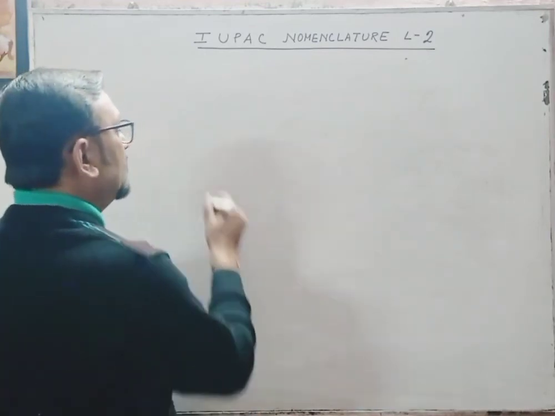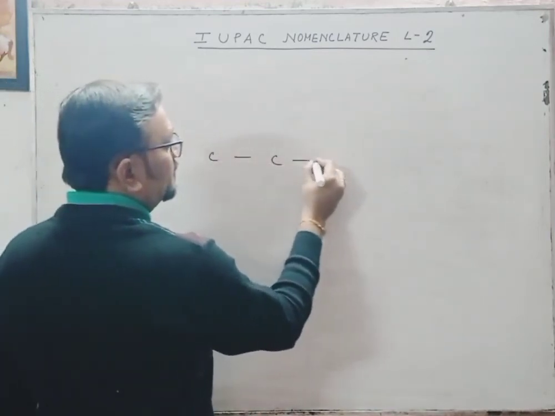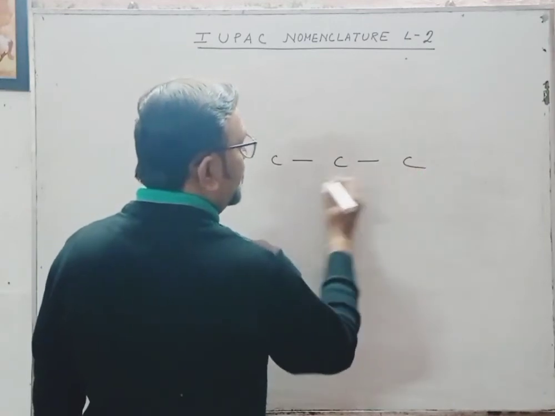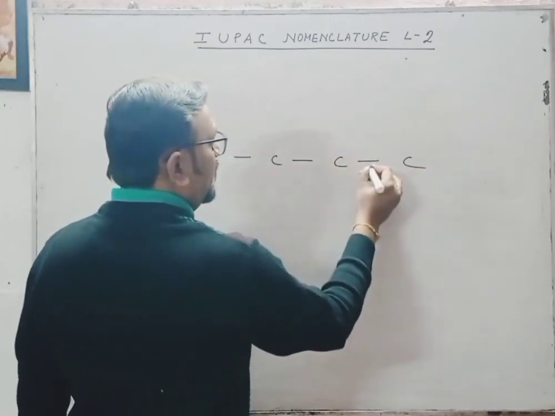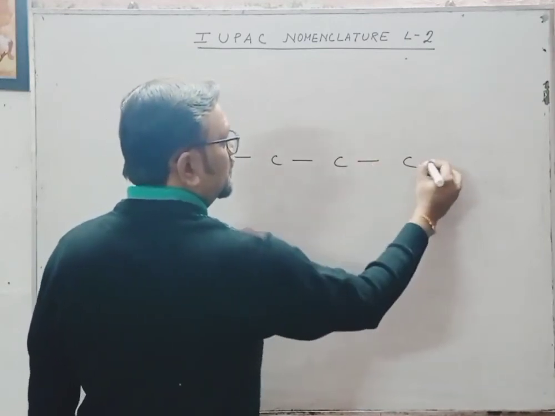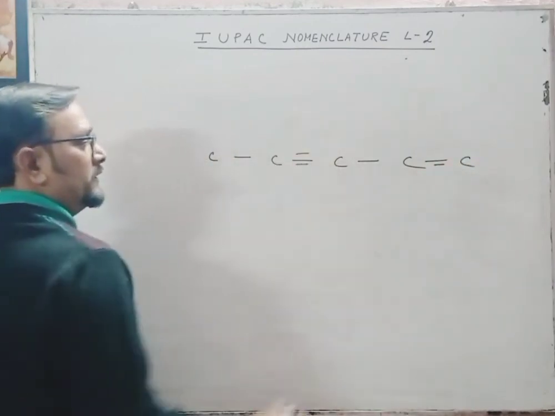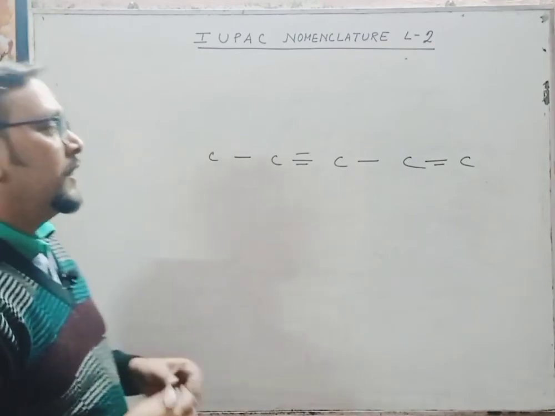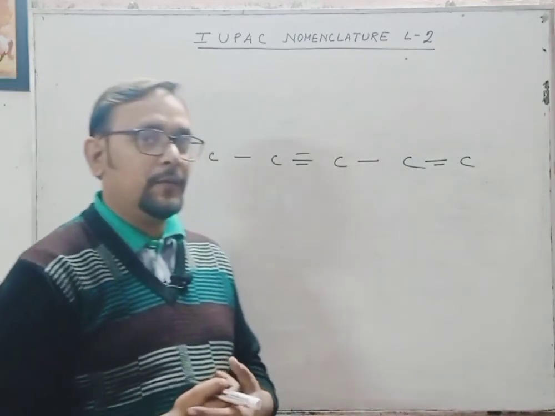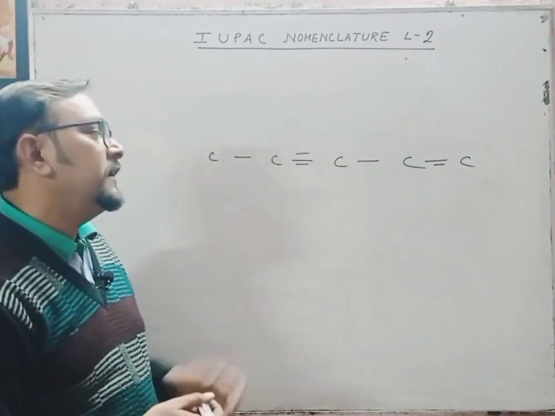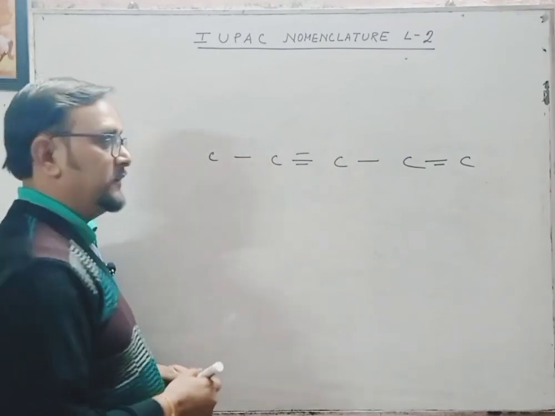Now what will happen, my dear students, if you get such type of compounds? Say you have a double bond over here and a triple bond over here. Now what shall I do in such a compound? Here you see the locants are different.